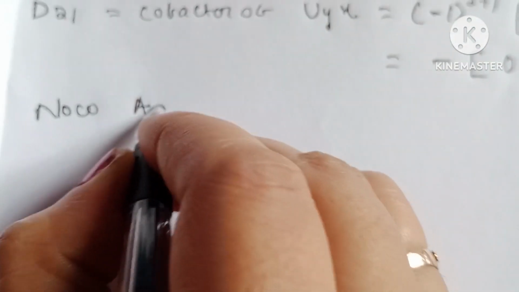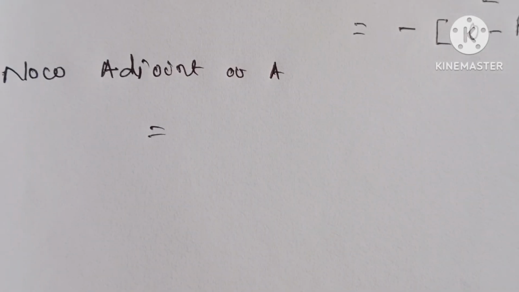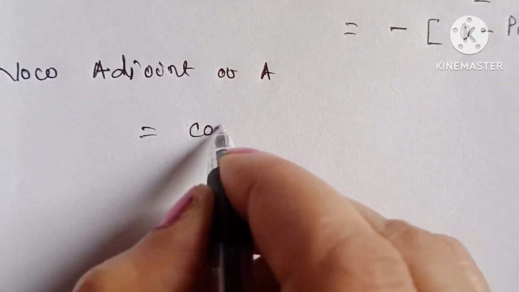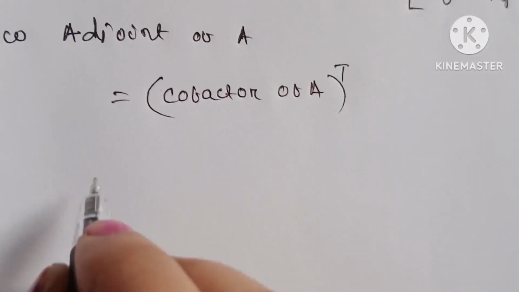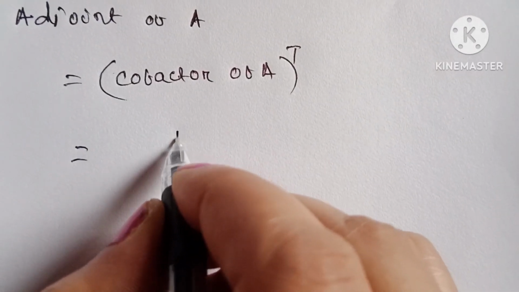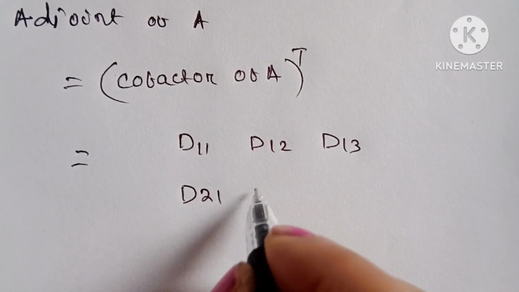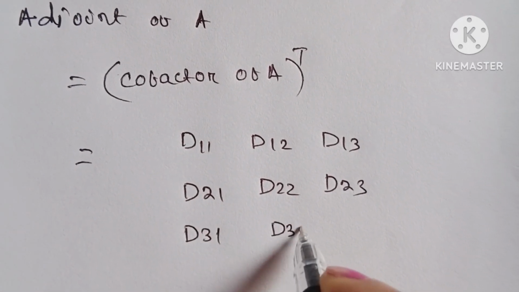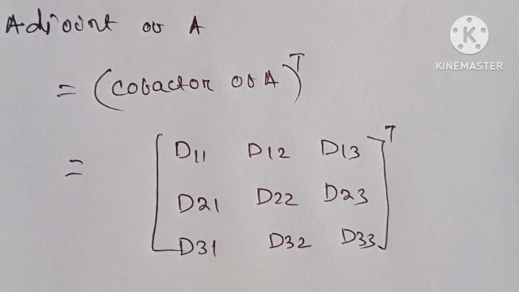Now the adjoint of A equals the transpose of the cofactor of A. So this is equal to the cofactor matrix, as we know: d11, d12, d13, d21, d22, d23, d31, d32, d33, transposed.